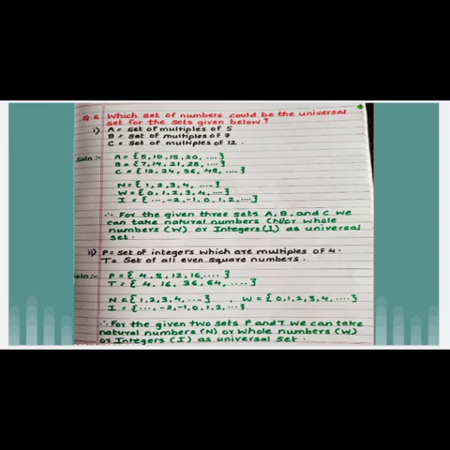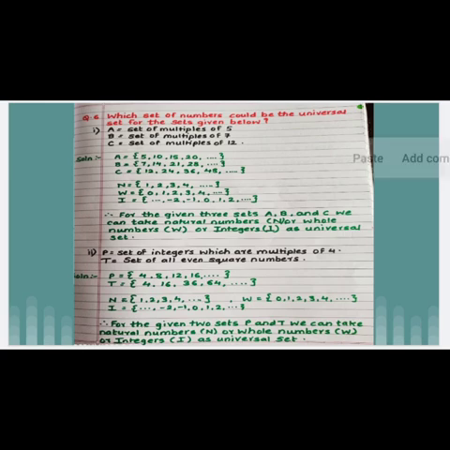T is the set of all even square numbers. Square numbers are the answers we get after multiplying a number by itself twice, and we need the even ones. So T = {4, which is the square of 2, 16, which is the square of 4, 36, which is the square of 6, and 64, which is the square of 8, and so on}.